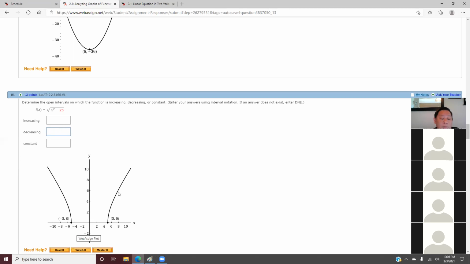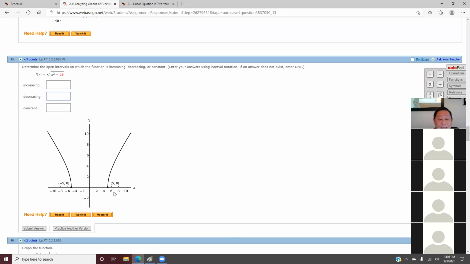So can you tell me what this domain is? Domain is x. Look at your x. So what x value can this take? Negative 5 is the highest one. What is the smallest one? It keeps going to negative infinity.